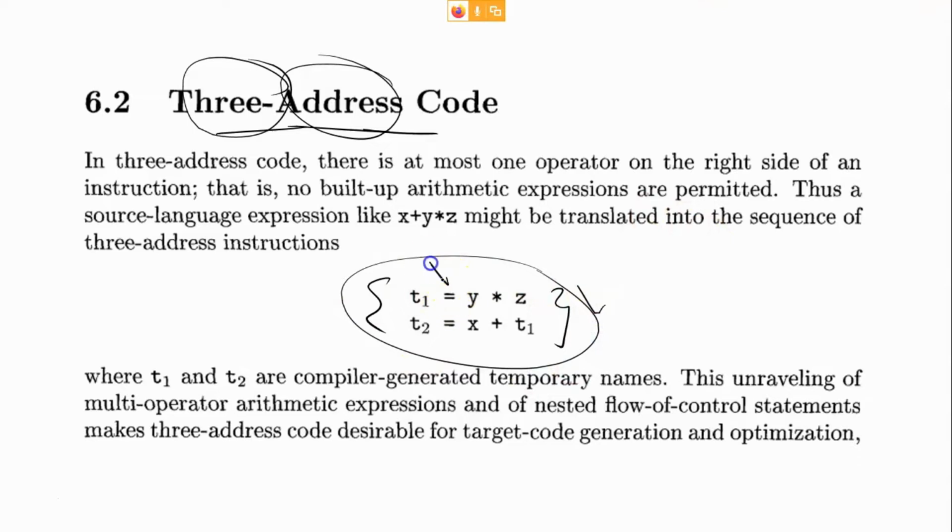You have this assignment operator, and on the right-hand side you can have at most one operator. Here you have multiplication, here you have addition. So in three-address code there is at most one operator on the right-hand side of the instruction. Basically, no built-up arithmetic operations are permitted. For example, this type of expression is not permitted: x plus y into z.